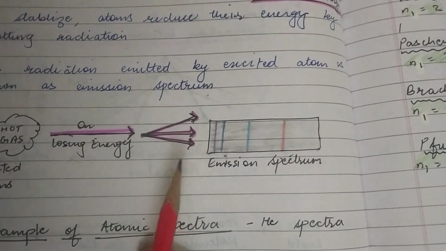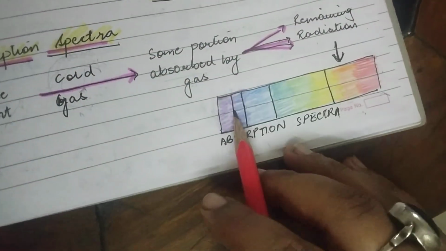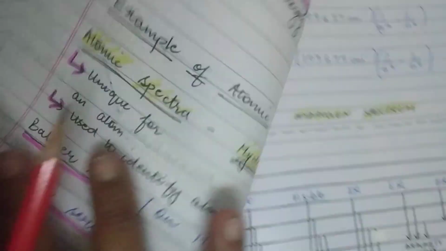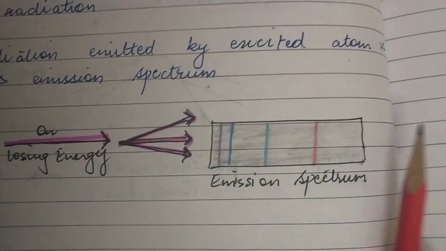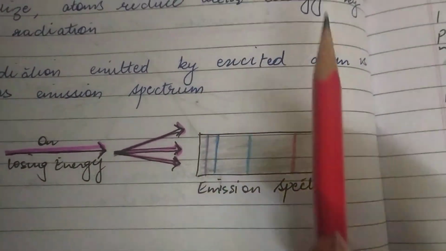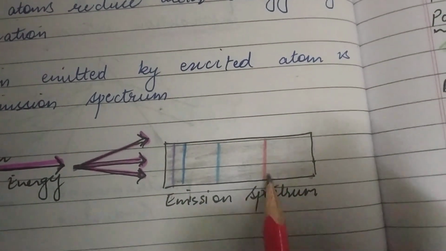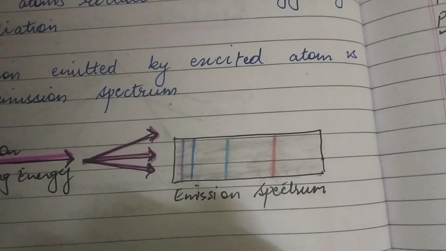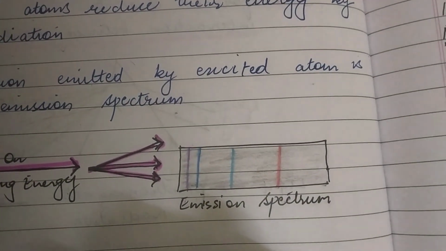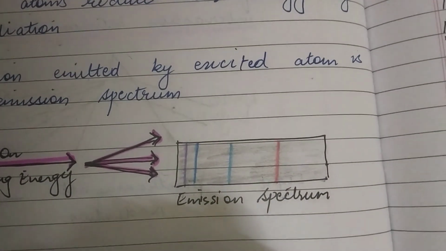Also, in contrast to the absorption spectra where you could see dark black lines against a continuous colored background, here you see a continuous dark, black background, and some colored lines, colored bands you can see over here. Now, as I told you, in the absorption spectra, what was absent?